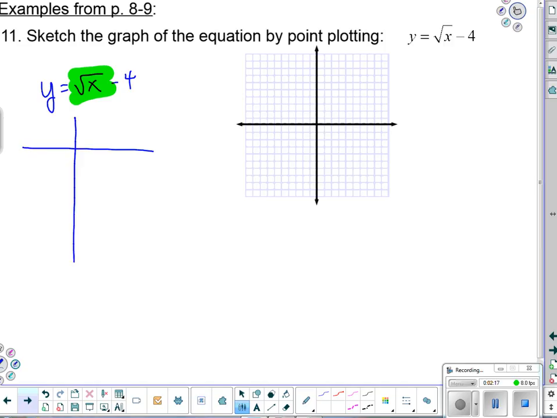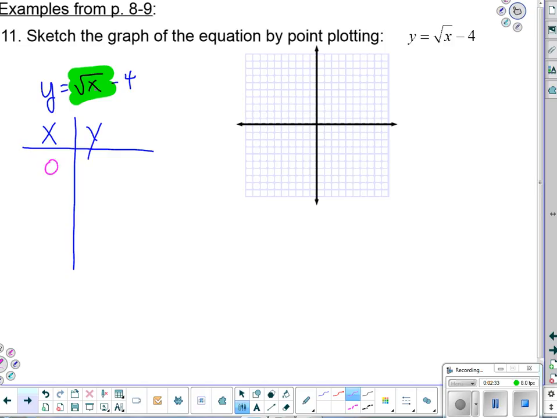I'm going to make an XY table, and I'm going to start plugging in points. Well, if I tried a negative value, I cannot take the square root of a negative value when I'm in the real number system, so I'm going to avoid negatives. I'm going to start with 0.